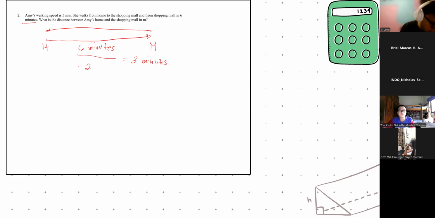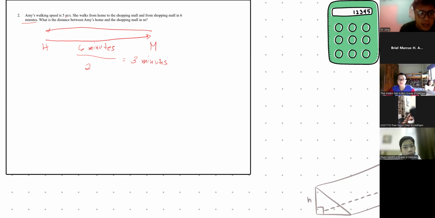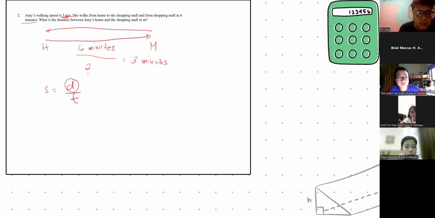Now we know that we have a speed of 5 meters per second. Speed is equal to distance over time, so now we need to get the distance. How do we solve for distance? We just multiply time and speed.